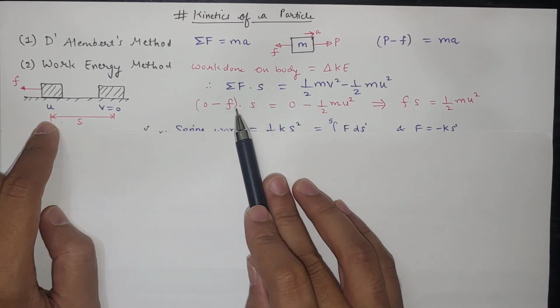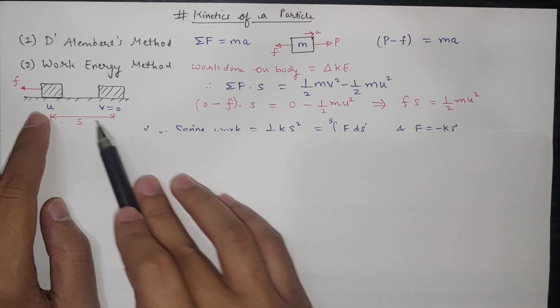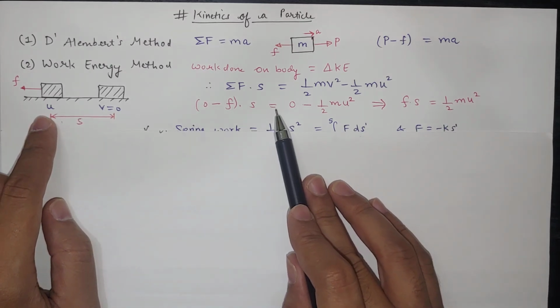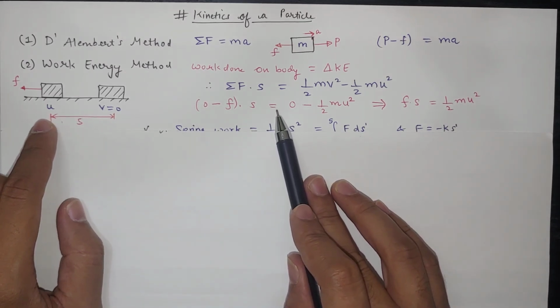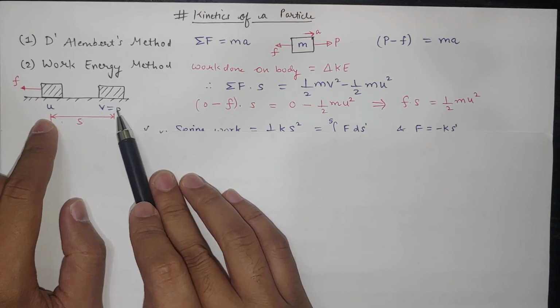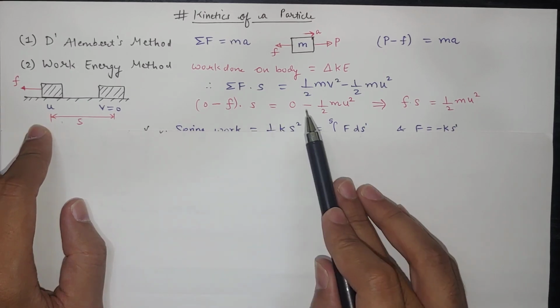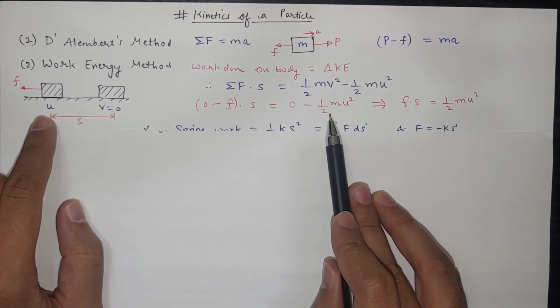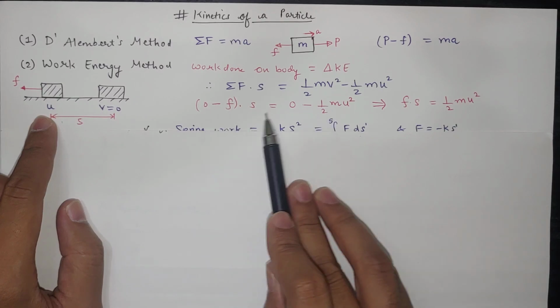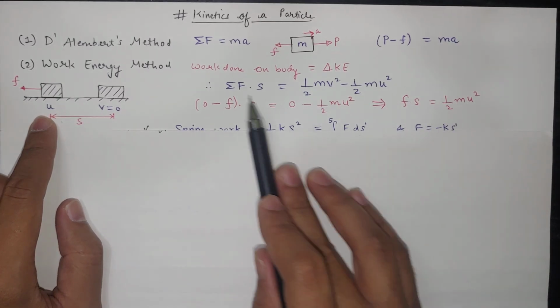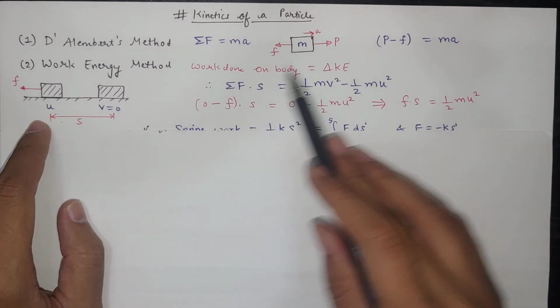This is the work done by the force F, negative, that's why it comes to a stop. That will be equal to the change in kinetic energy. The final kinetic energy is 0 because v is 0, and the initial kinetic energy is half mu square. If we equate this, we get this equation, and this is how we use it to find the variables.